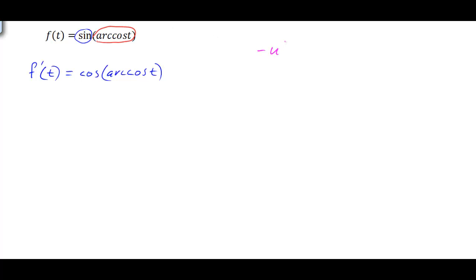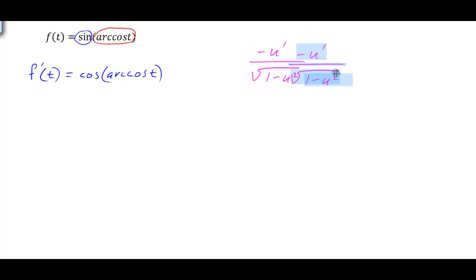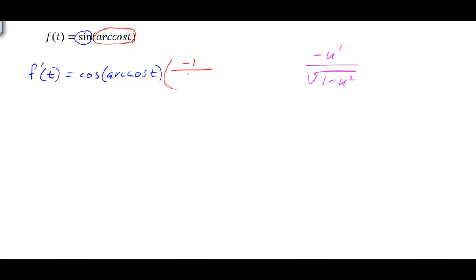So our negative u prime is negative the derivative of t, which is just 1, so that's negative 1 over the square root of 1 minus u squared. Well, our u is the t, so that would simply be t squared.